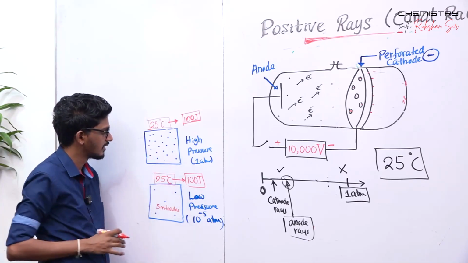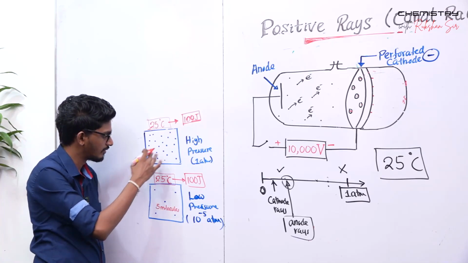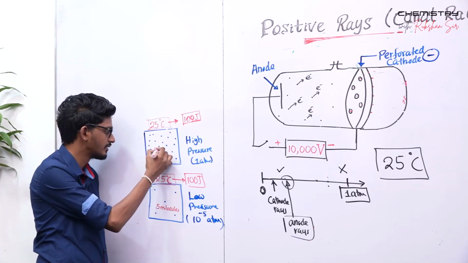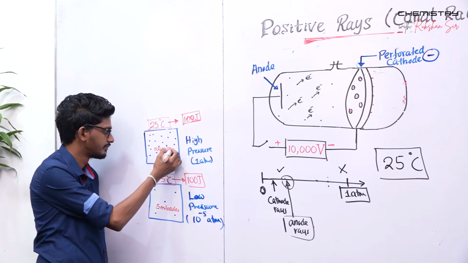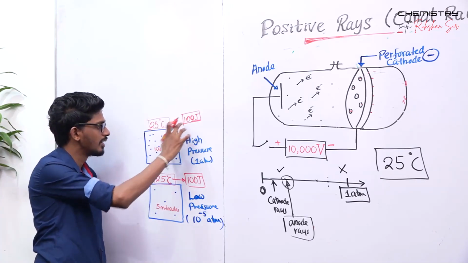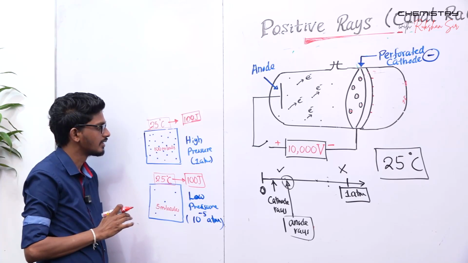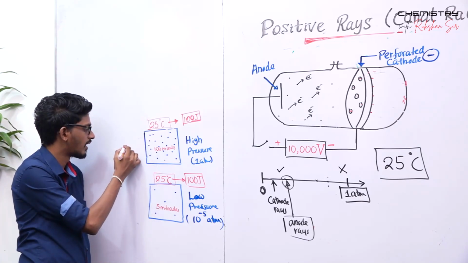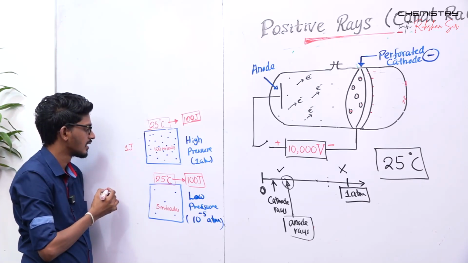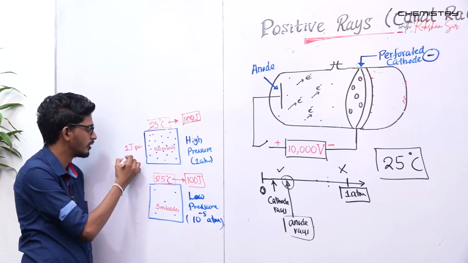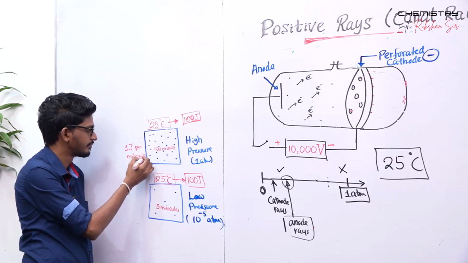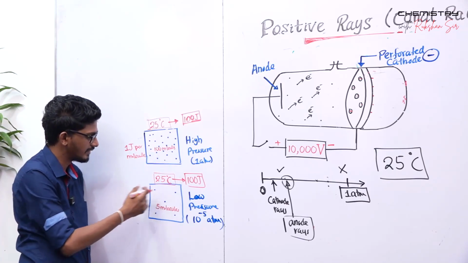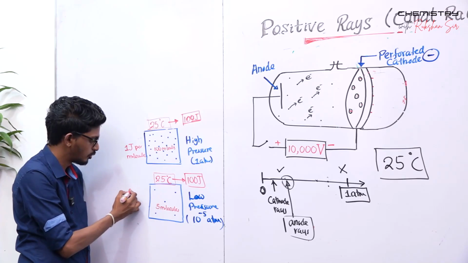Let's say you have 100 molecules here. That means 100 joules will be absorbed by 100 molecules, so one molecule absorbs only 1 joule of energy. 1 joule per molecule. Here it is 100 over 5, 20 joules per molecule.